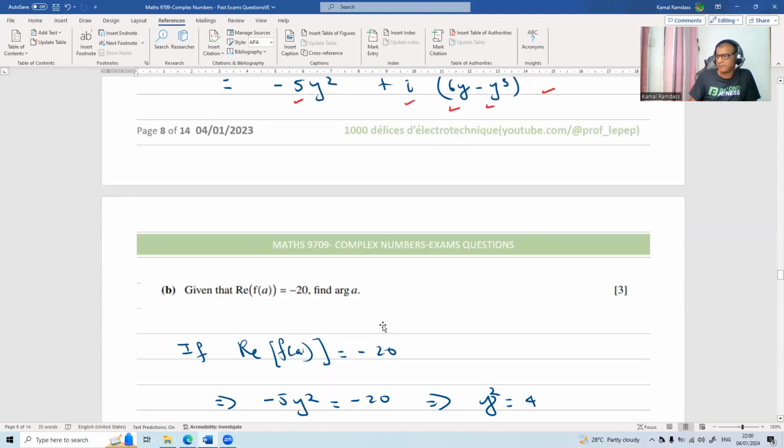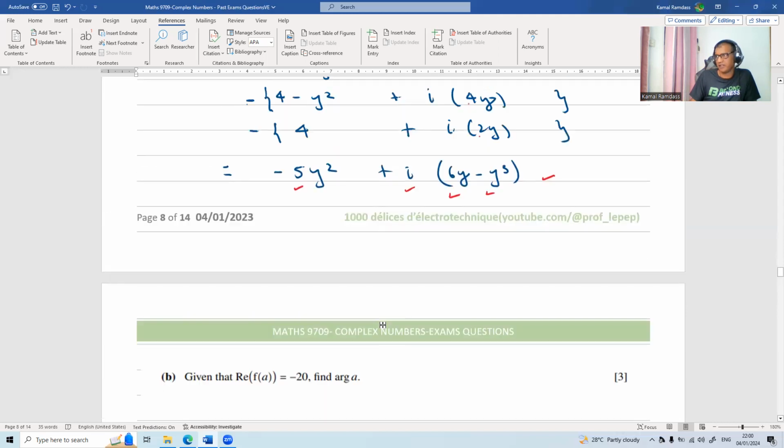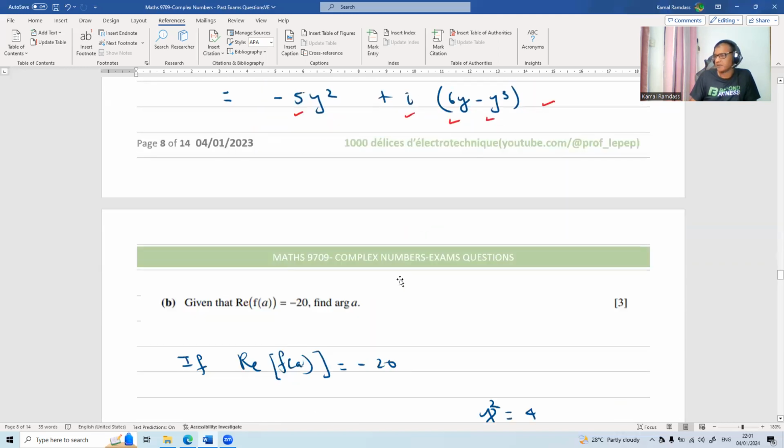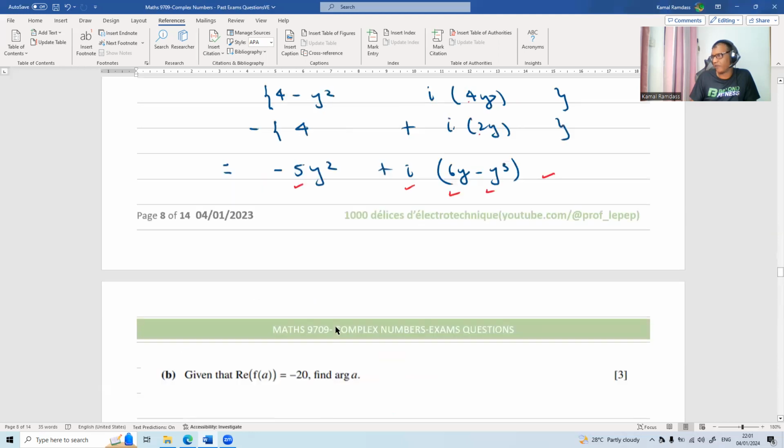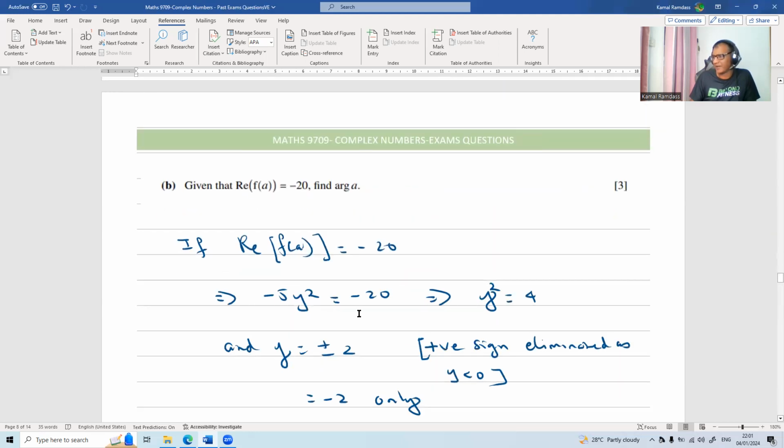Bon, deuxième partie de la question. Given that real part of f of a, this is f of a, is equal to minus 20, find argument of a. Bon, real part of f of a c'est minus 20. Avec minus 5y square is equal to minus 20, y square is equal to 4. If y square is equal to 4, y is equal to plus or minus 2.